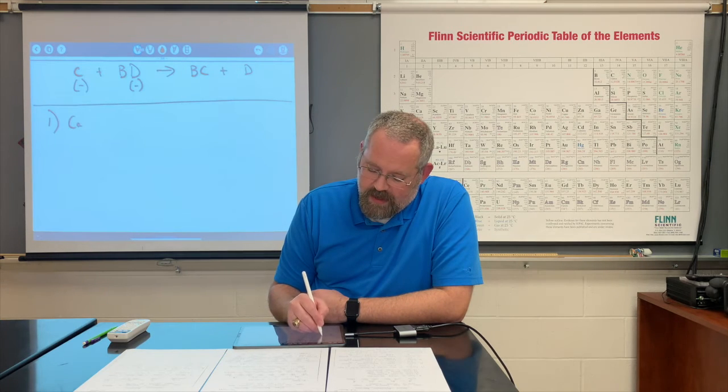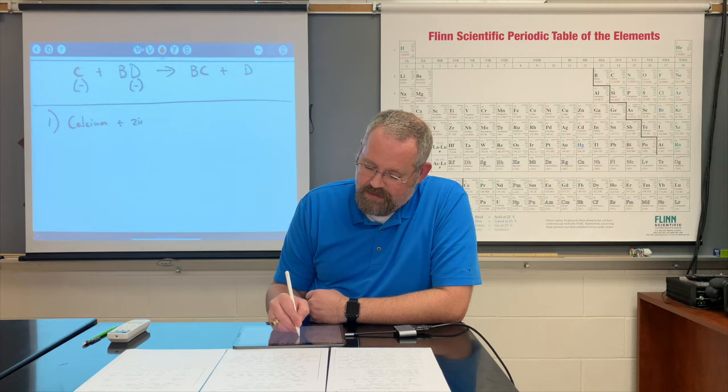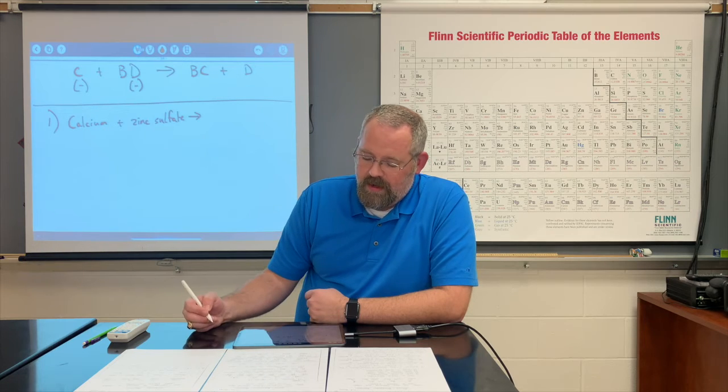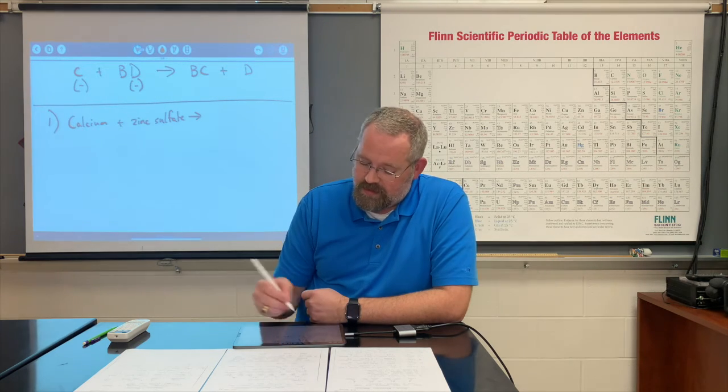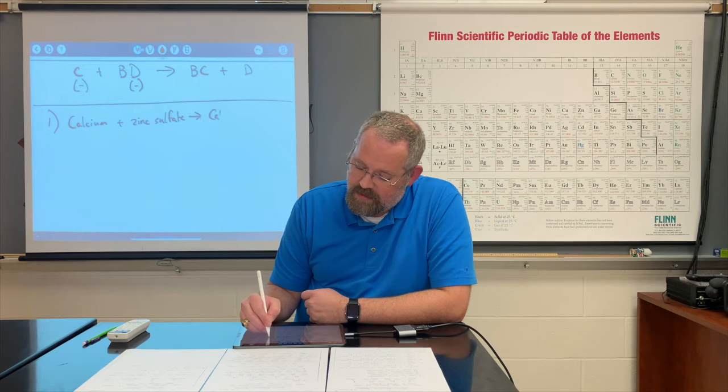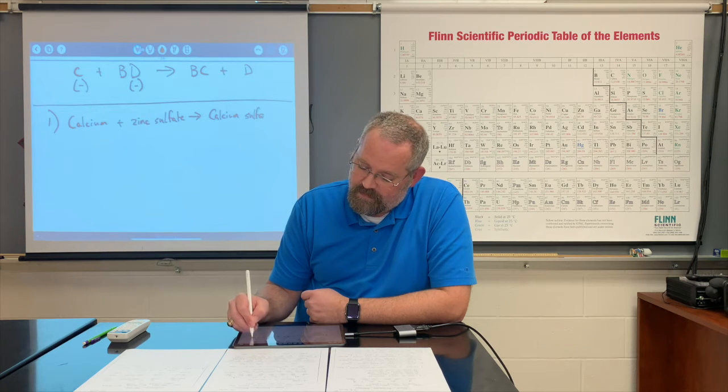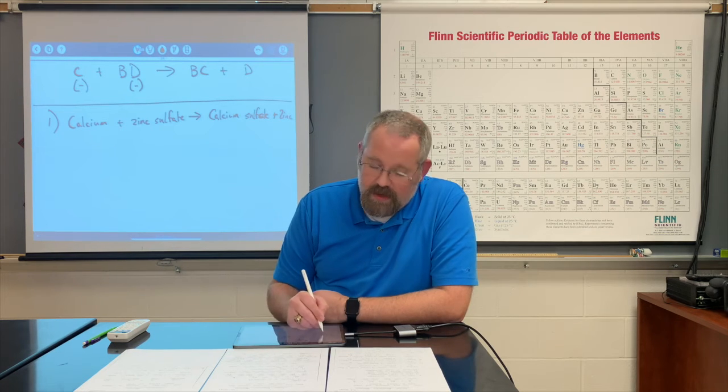So I'm going to start with calcium plus zinc sulfate. All right, and this is metal replaces metal, so I'm going to get calcium sulfate plus zinc. So now I'm going to write my equation.